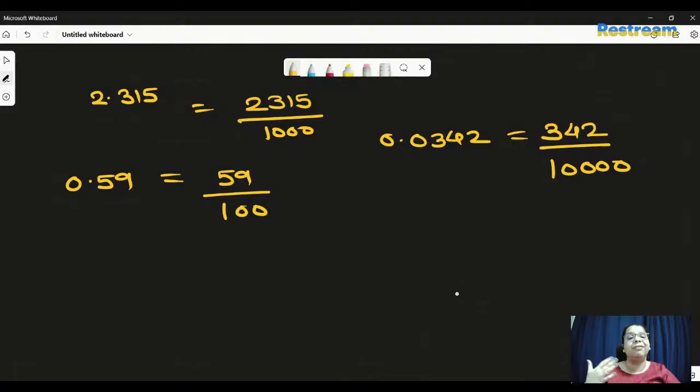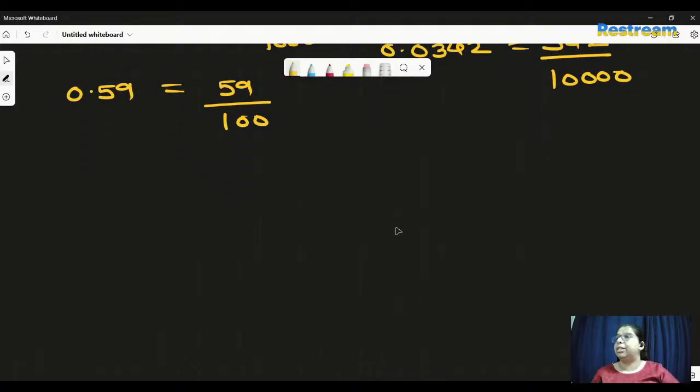Now, when you write it in fraction form, this zero is not important. So you can skip that zero. Now, let's say I have 31.5. What will I write? It is 315 over 10. Okay. So this is how you convert decimals to fractions.